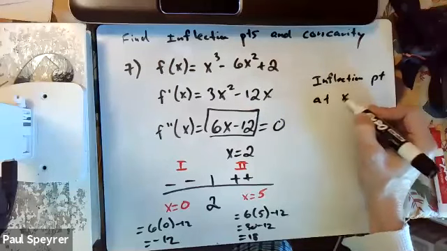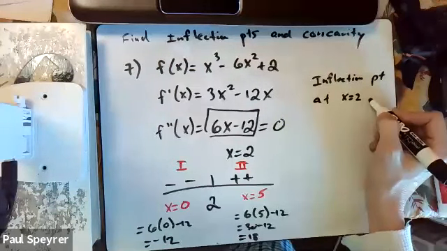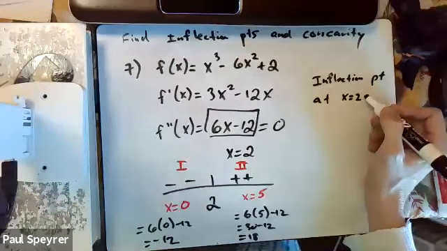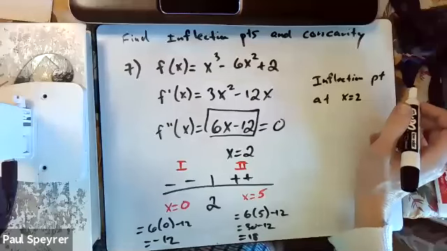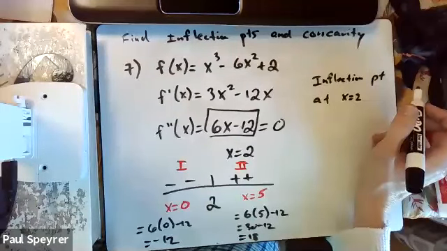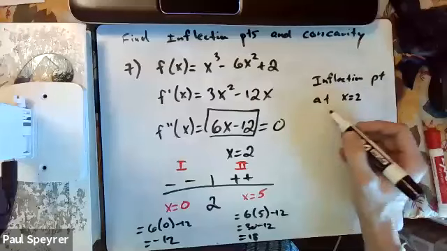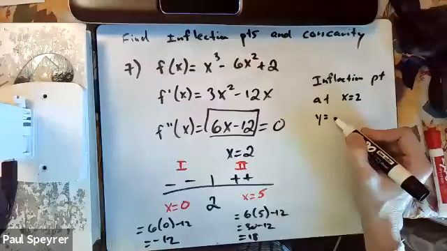at x equals 2. But what about the y value, right? We need an actual point right here. What does a point have? An x and a y value, right? So y is equal to f of 2.